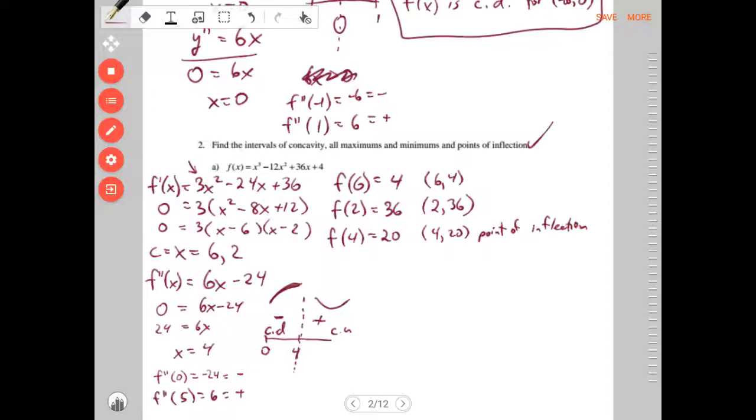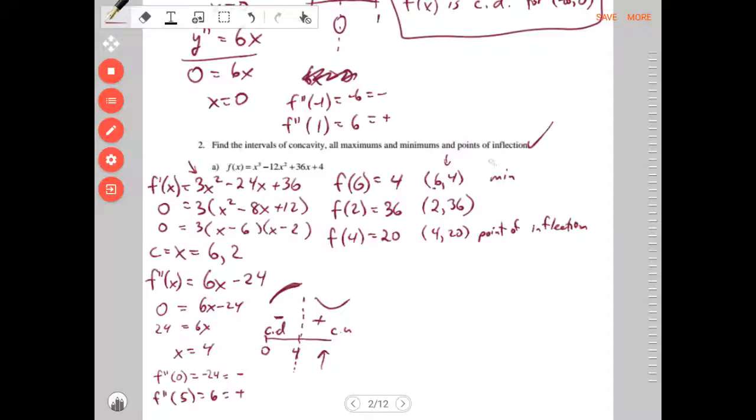Nice. Now all we have to do is figure out where our potential maximums and minimums are in terms of this. Okay, so the first point was at x is 6. So x is 6 is up in the concave up region. So if we're concave up in this part, or where that point is, that means this guy has to be a minimum value.